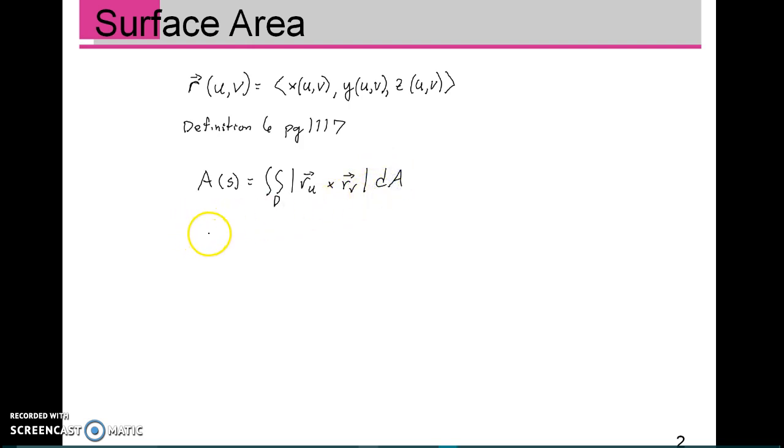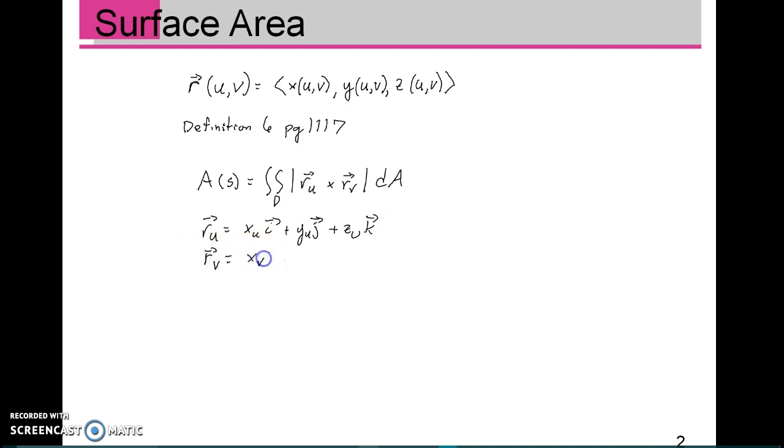Great. Now we know that partial r with respect to u is just going to be partial x with respect to u, i, plus partial y, j, plus partial z with respect to u, k, and then so now you've got partial r with respect to u and then your partial r with respect to v.